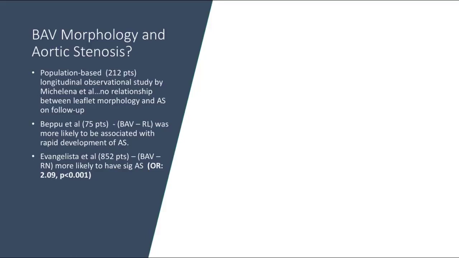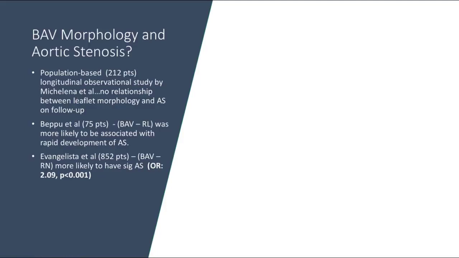So can BAV morphology predict aortic stenosis? There's been a number of studies looking at this, and there's been a lot of mixed results. A population-based study by Michelina at Mayo Clinic found that there was no relationship between BAV valve type and degree of AS.